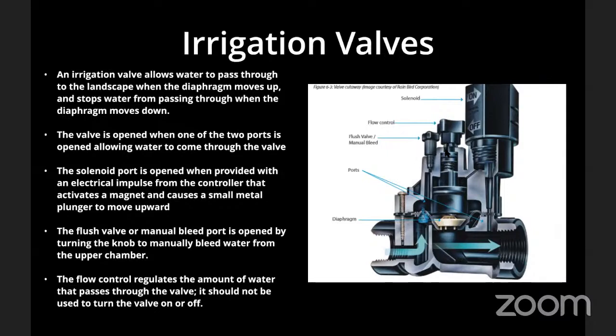If there's a leak that you can't stop, you can tighten the flow control all the way down temporarily. But if the flow control is all the way open, your valve also might not be able to shut off. So that's the basics: flow control, don't mess with it unless you need to. Really, the way these things are designed is for them to be activated by the electrical signal going to the solenoid and making the valve open.